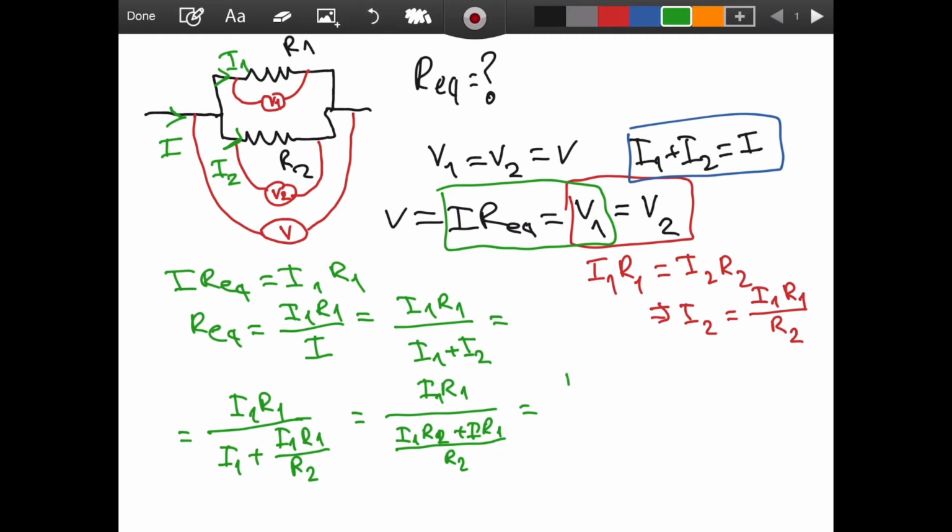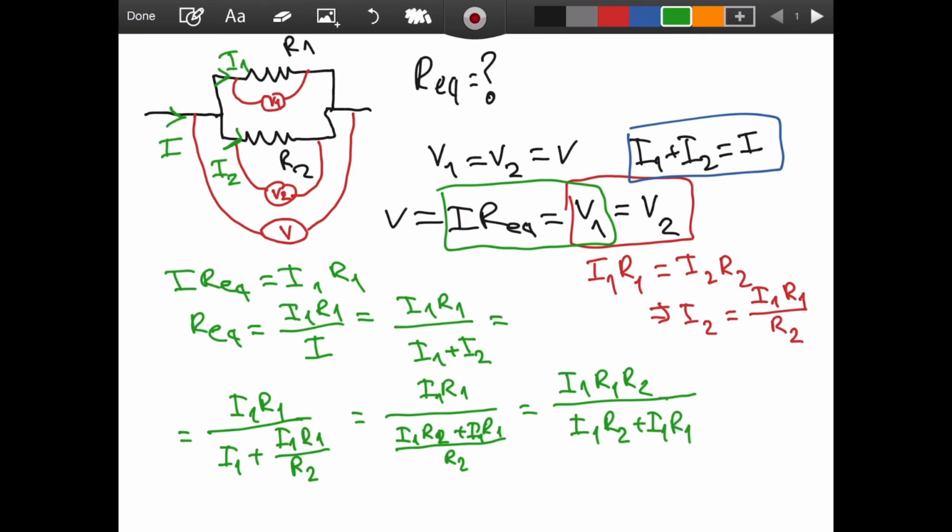So we can write that I1 times R1 times R2 divided by I1 times R2 plus I1 R1.